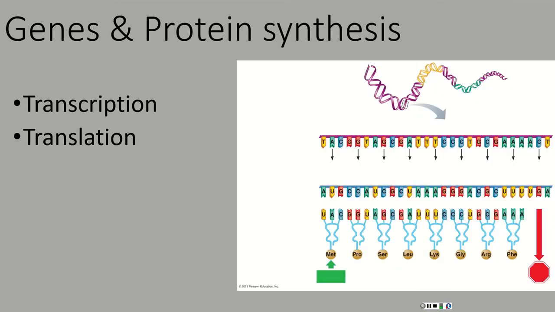Now, let's go ahead and start putting all of this together and see how protein is made. Well, protein synthesis, which is what we call the act of making protein, has two parts to it. The first is called transcription.